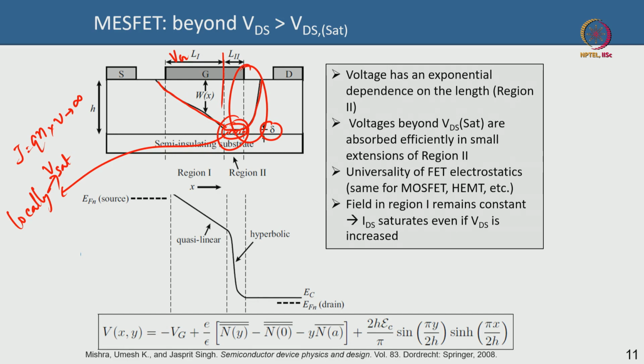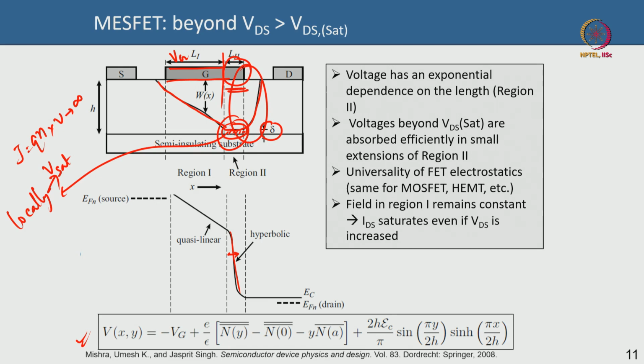The mathematical analysis basically follows that you have to solve a differential equation whose solution is given here, but we will not go into the details of the solution. The qualitative understanding is that while the field is dropping mostly linearly across the entire gate length, at the edge of the gate the field drops hyperbolically, which means for a very small change in the depletion along the gate drain edge, a large voltage can be accommodated.